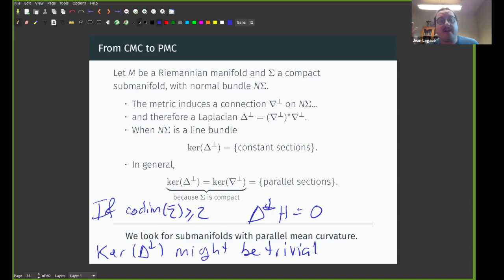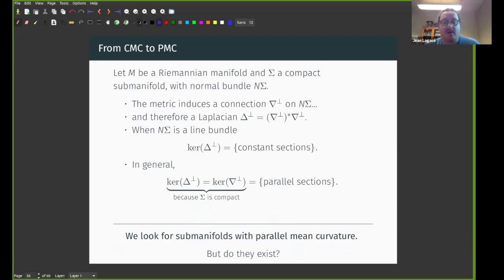The fact that constant functions are in the kernel of the Laplacian, something that anyone who works with a Laplacian on functions is very used to, is a feature that's very specific to the fact that it's a one-dimensional vector bundle on which we have this connection. Laplacians on more general bundles do not exhibit that property, that the kernel is always non-trivial. And in fact, we expect that most submanifolds will have a trivial kernel for their normal Laplacian.